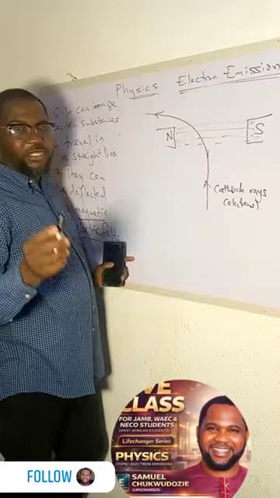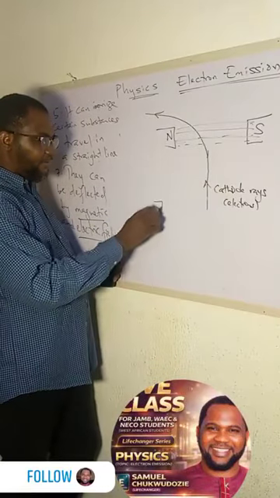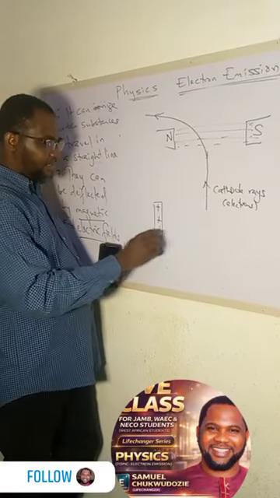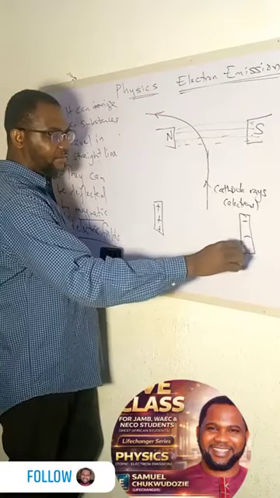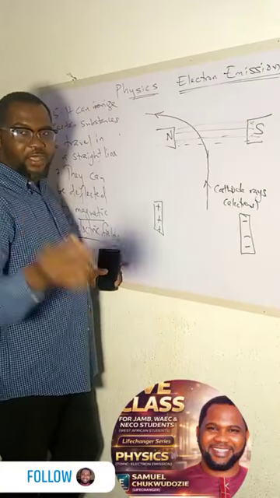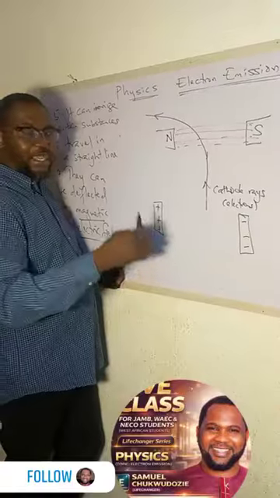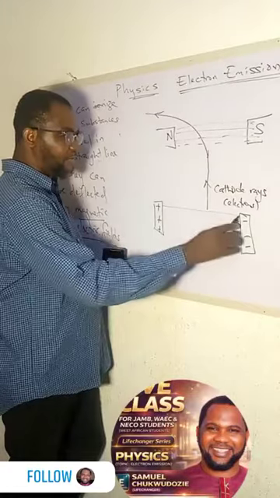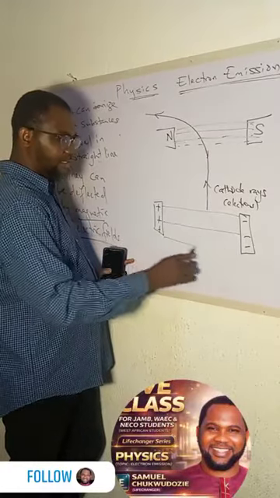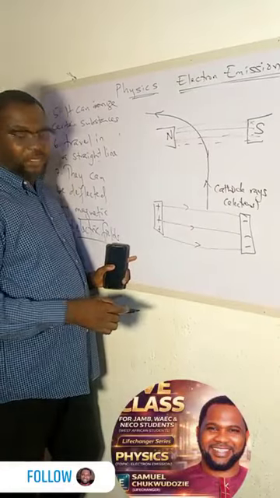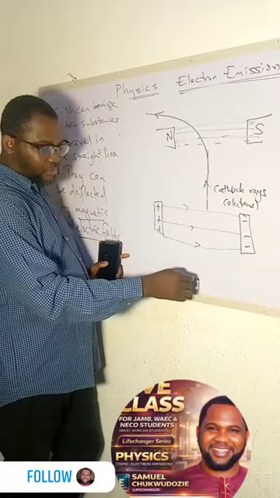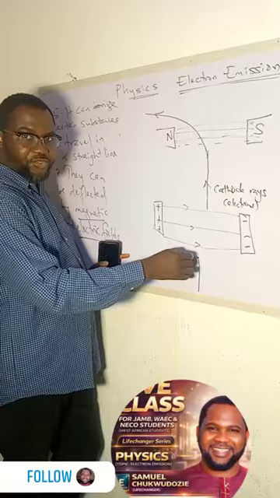Then when we deal with an electric field, let's say I have a positive plate and a negative plate, an electric field will be generated. The electric field moves from the positive plate to the negative plate like this. Now, whenever cathode rays are coming, they travel in a straight line, remember?